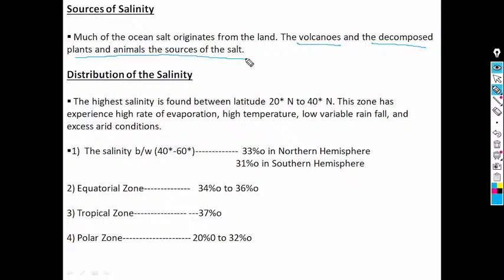Regarding the distribution of salinity, the highest salinity is found between 20 degree north and 40 degree north latitude.